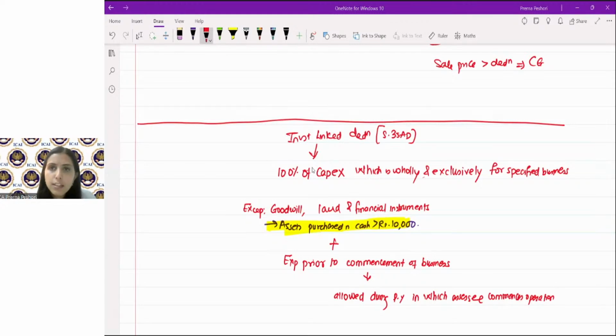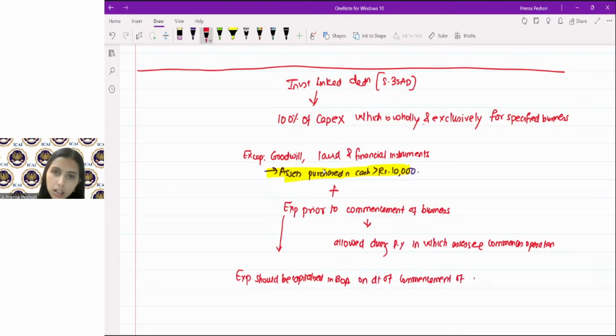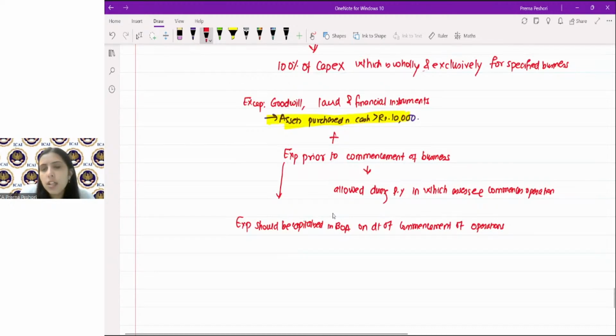This expenditure prior to the commencement of the business should have been capitalized in the books of accounts on the date of commencement of operations. Are we clear? So even prior to the commencement of the business, the expenditure will be allowed. Clear?